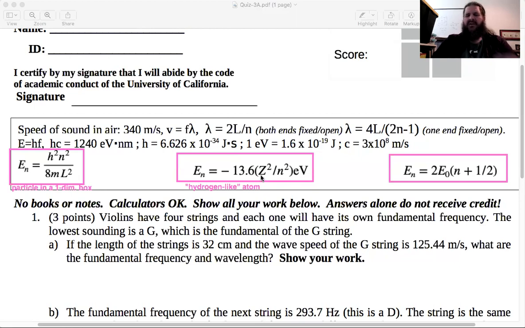And when you draw out that chart of energy levels, it's still going to be the same basic pattern, the same idea of a big gap, then a smaller gap, and a smaller gap, and a smaller gap. It's just that the spacing between gaps is proportional to Z squared. If you work it out with Z equals 1, you get a certain pattern of values. If you replace Z with 5, 5 squared is 25, so all those values just get rescaled. They get multiplied by 25, which also means all the gaps get 25 times bigger.